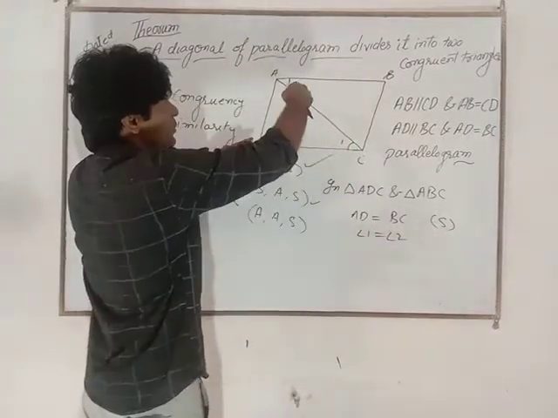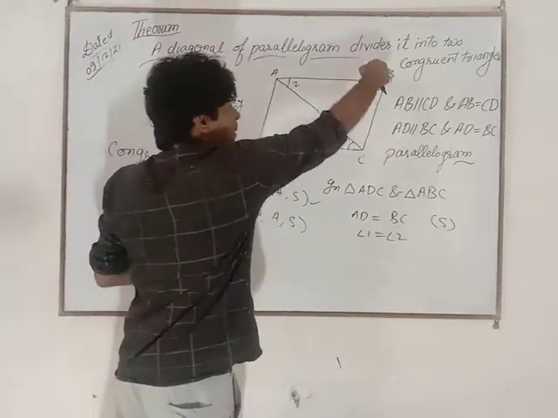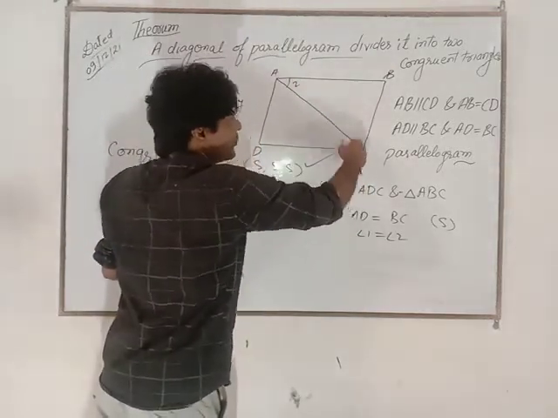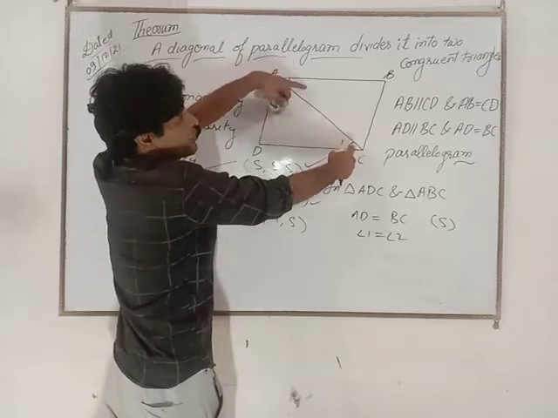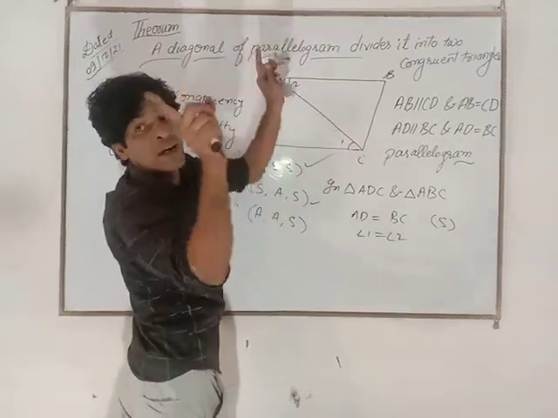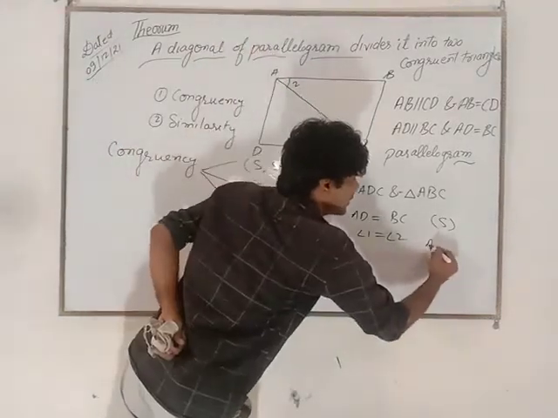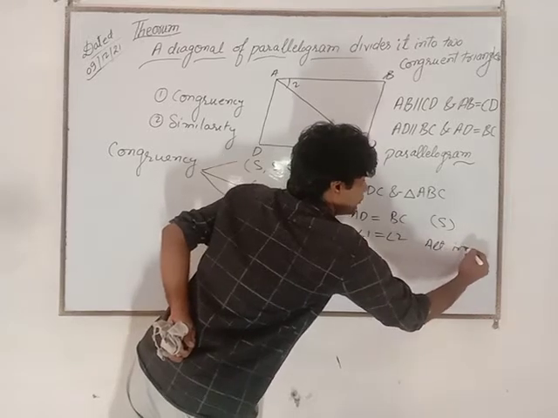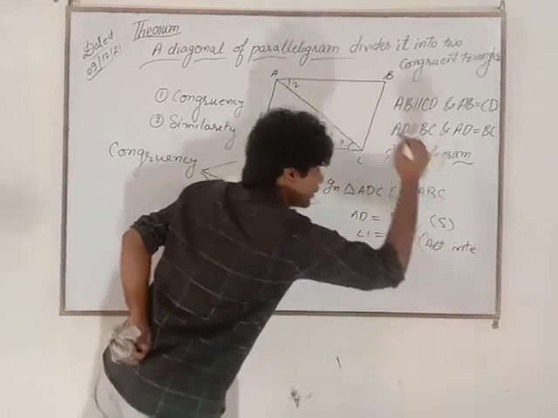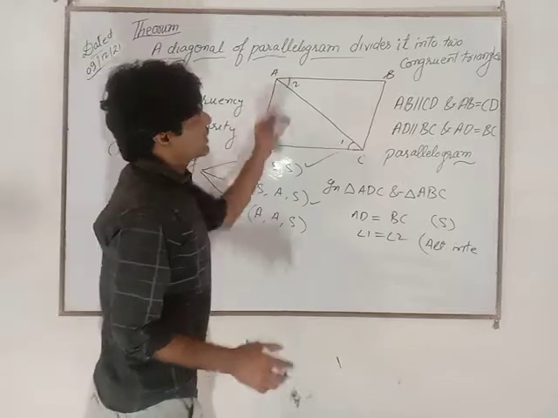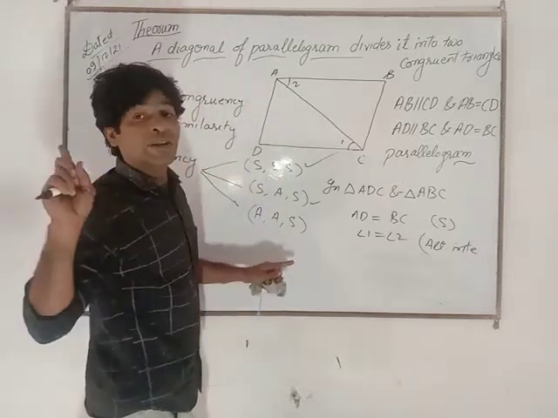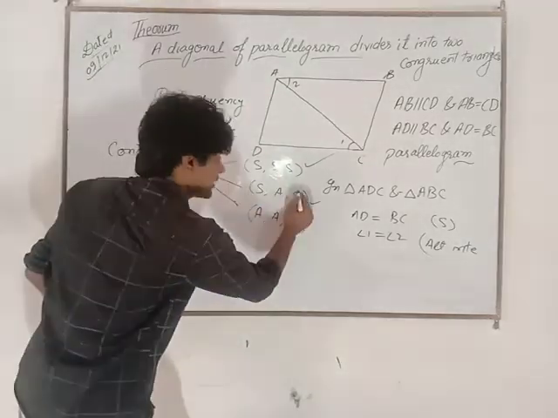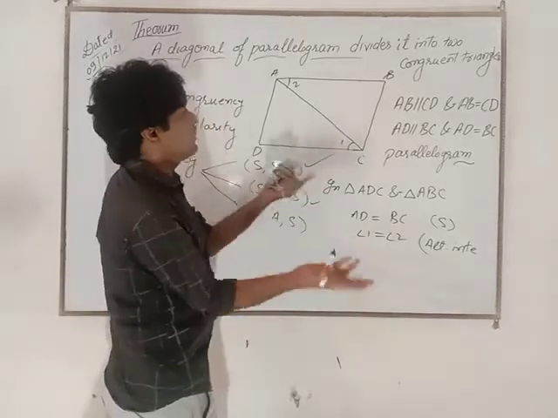It is because when AD is parallel to BC, then angle 1 and angle 2, these both corresponding angles of both triangles will be alternate interior angles. Come on. Now, once again, one more corresponding side is needed to complete this SAS. You can take anyone.